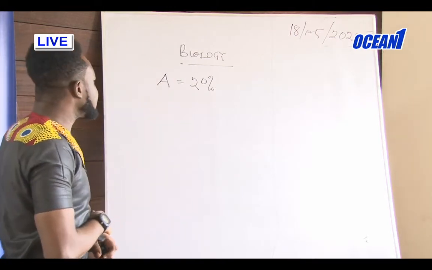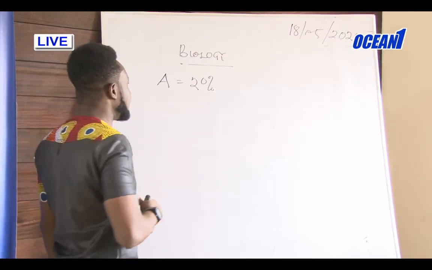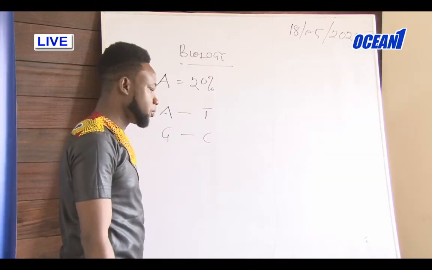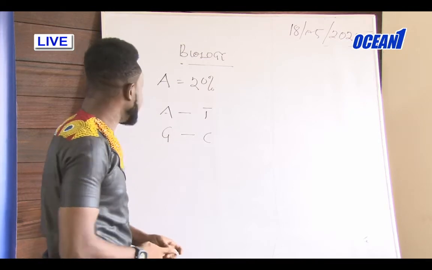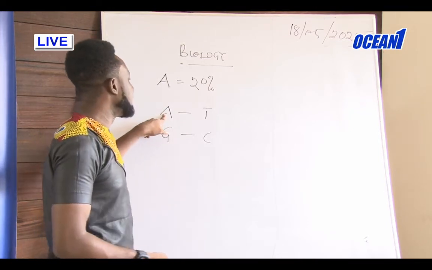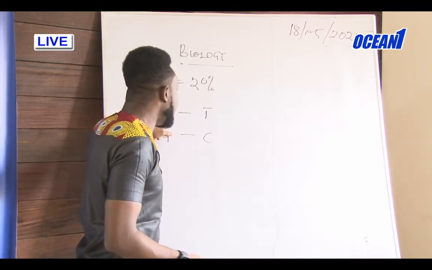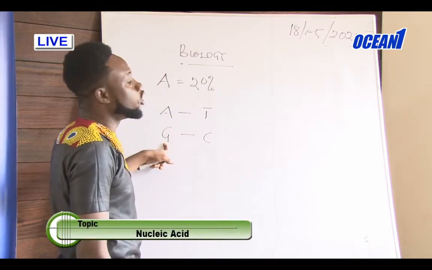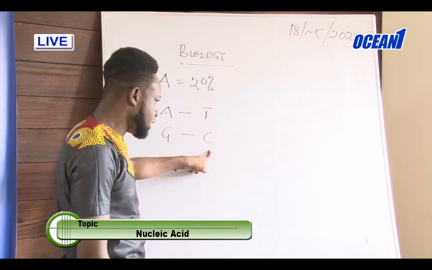But don't forget that adenine pairs with thymine, and guanine pairs with cytosine. Then Chargaff said that the amount of adenine is equal to the amount of thymine, and the amount of guanine is equal to the amount of cytosine.